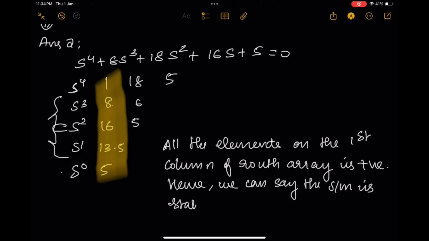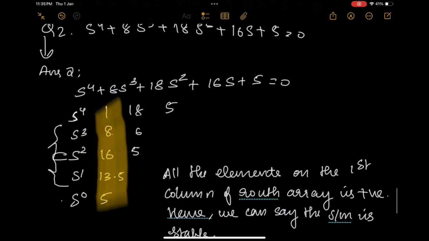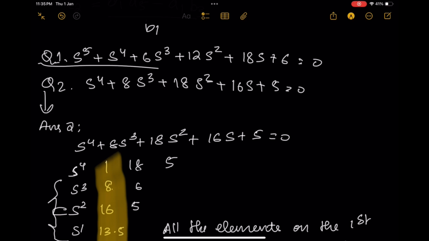Okay, so we have found out the stability of the system with this question. Now we are going to do the question that we have written first, that is the first question. So we'll be doing that.